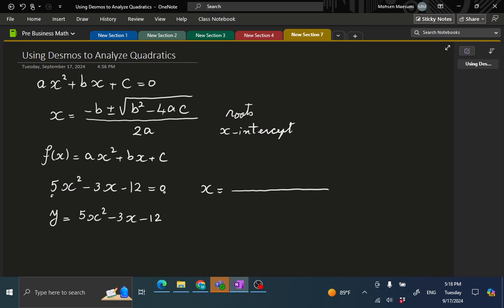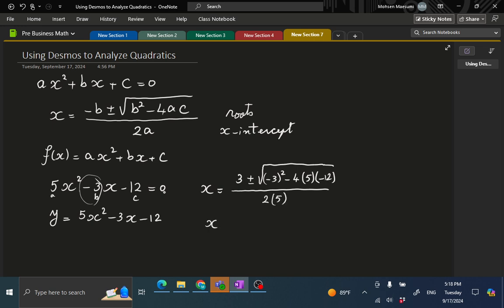So this was A, this is B, and this is C. So minus B. Remember, this is B. So minus B is going to be 3 plus or minus radical B squared. B is -3, has to be squared, minus 4 times the first number and the last number. Is that right? Divided by twice the first number, twice 5.